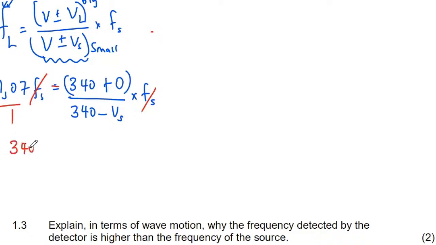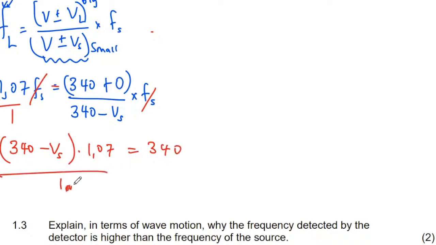So I'll have (340 minus velocity of the source) times 1,07 is equal to 340. Then I'll divide both sides by 1,07. I don't want to open the brackets because it's going to be quite a lot of work. So that is 340 minus Vs is equal to just 340 divided by 1,07.